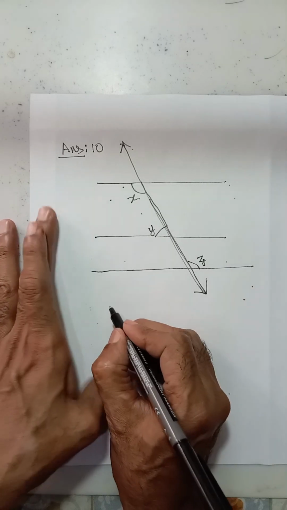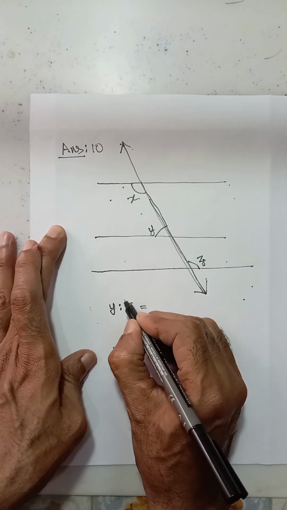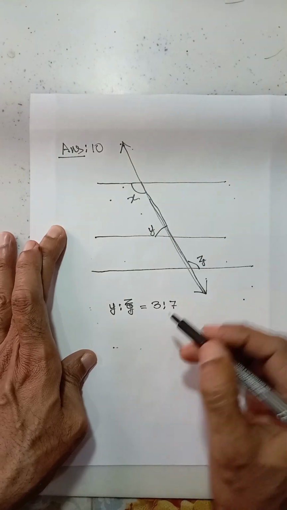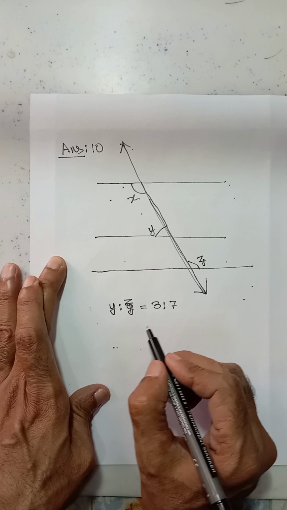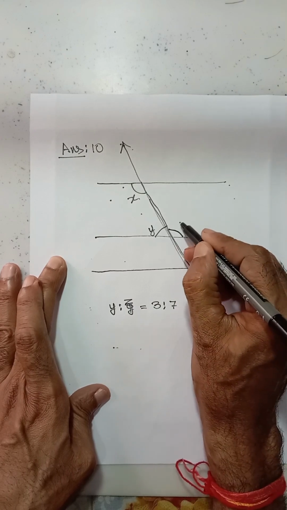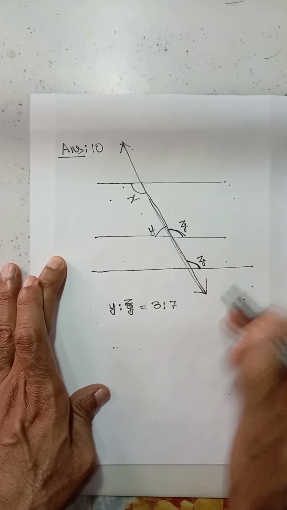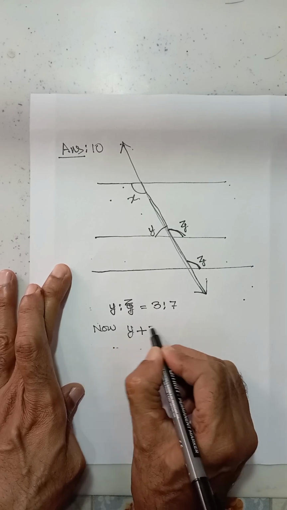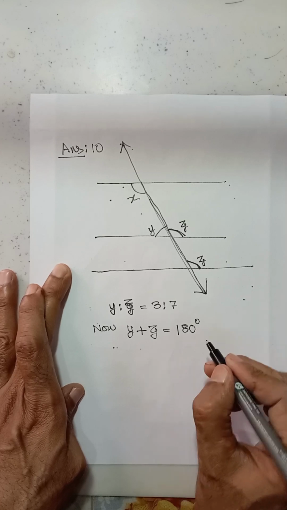So the ratio of Y to Z is 3 to 7, and we have to find X. See, if Z is here, Z is here also, because this angle and this angle are corresponding angles. Now Y plus Z is equal to 180 degrees.